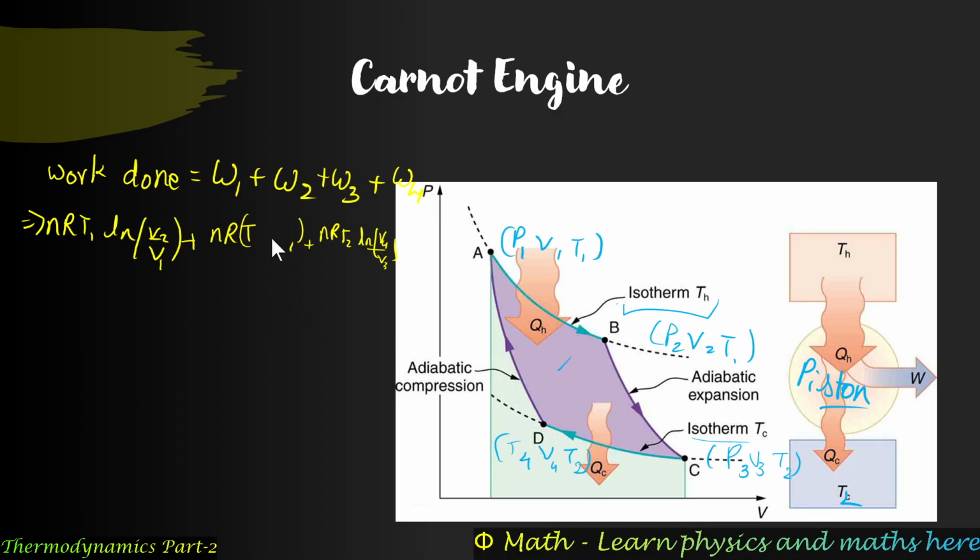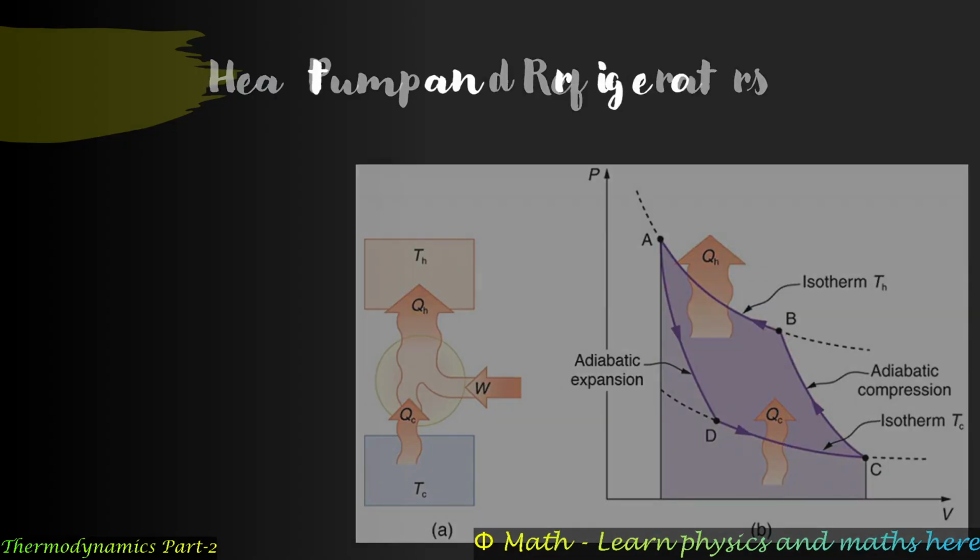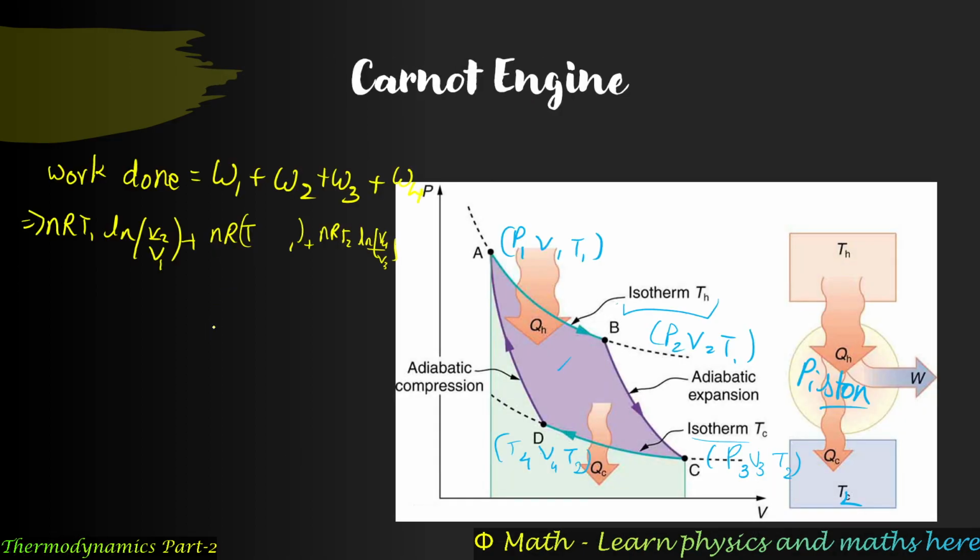Okay, so I'm erasing that. Now this is just a sum of two things. We know that in an isothermal process, delta T is equal to 0, change in temperature, and then we will have delta Q equal to delta W, the work done.